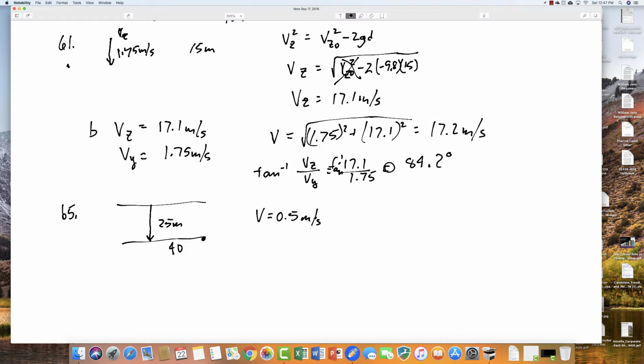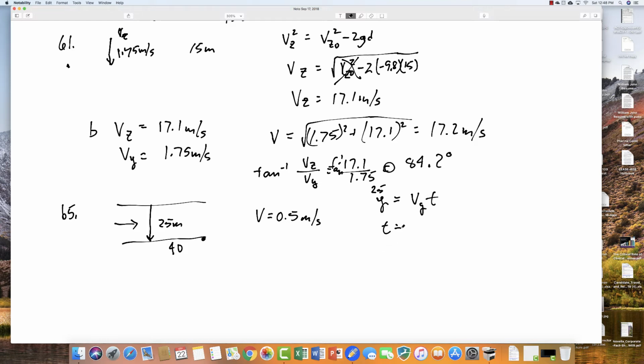How fast is the water in the river flowing with respect to the ground? So in other words, how fast is this water flowing in this direction in order to propel him 40 meters downstream? Well, we know for him to get across the river that y is 25, and it's going to equal his y velocity times the time it takes him to cross.